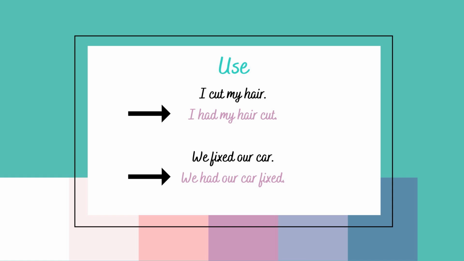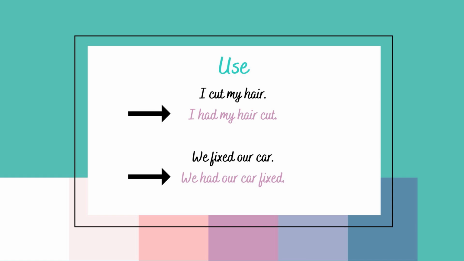Like we said, the action is more important. I say I had my hair cut, but I don't say I had my hair cut by the hairdresser because the person isn't so important in the causative. In the case of we fixed our car, if we say we fixed our car, it sounds like we fixed it ourselves.